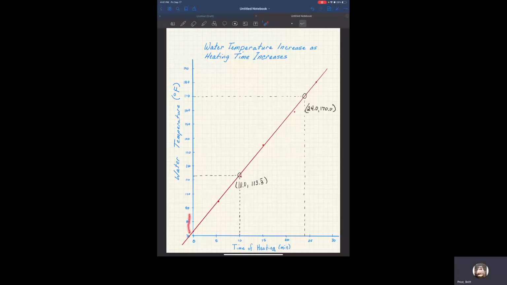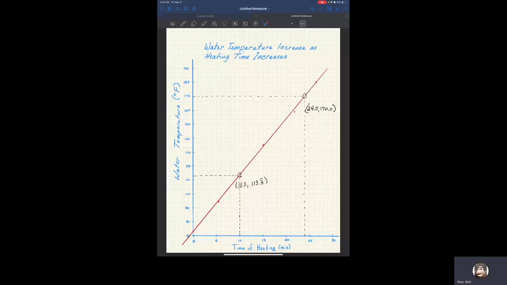I have determined the graduations, I start them, and then I continue going up. So I'm going to start my scale below my first data point, and I'm going to end the scale someplace above my last data point.